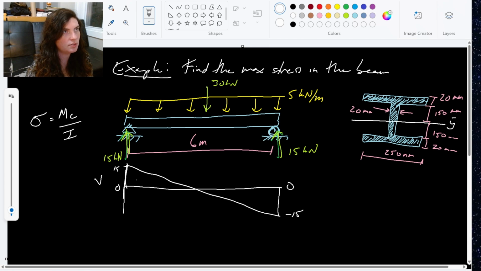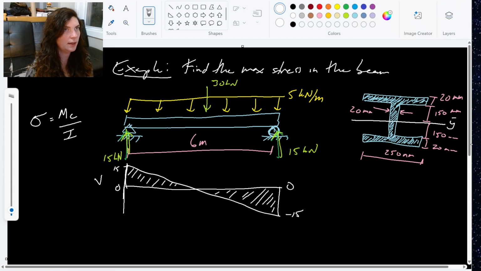All right, so 0, go to 15, come all the way down with a slope of negative 5, down to the negative 15. And then that reaction of 15 kilonewtons pops it back up to 0. Pretty straightforward. That's my shear diagram.